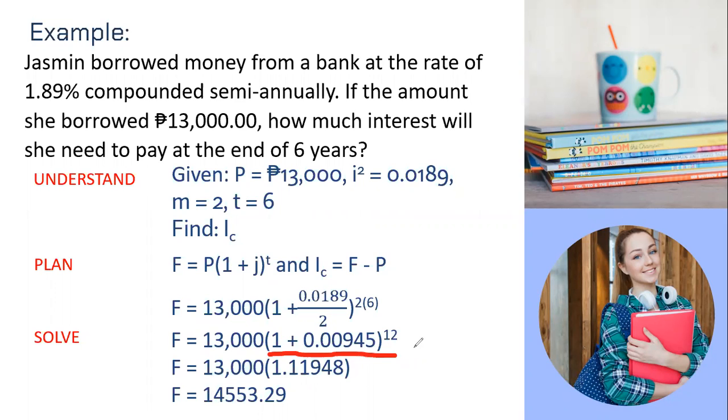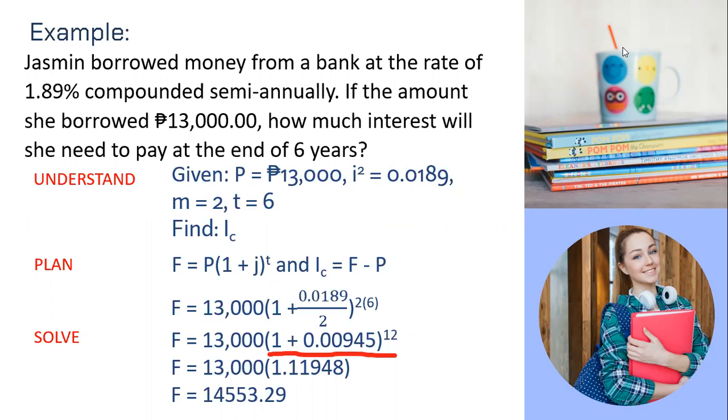If not, and you have a calculator, you can go straight ahead. Once you have raised 1.00945 to the 12th power, multiply it right away by 13,000 to get the future value. Do not round off yet, because there will be a big difference if you round off right away. Okay?